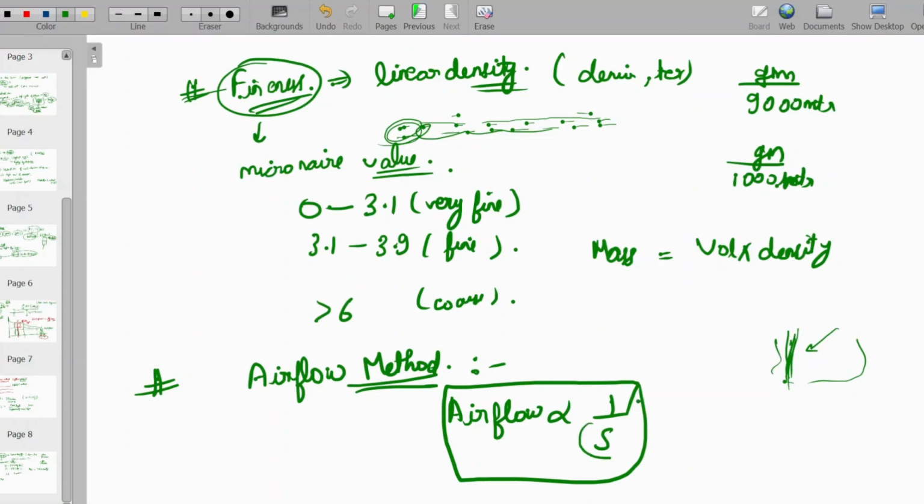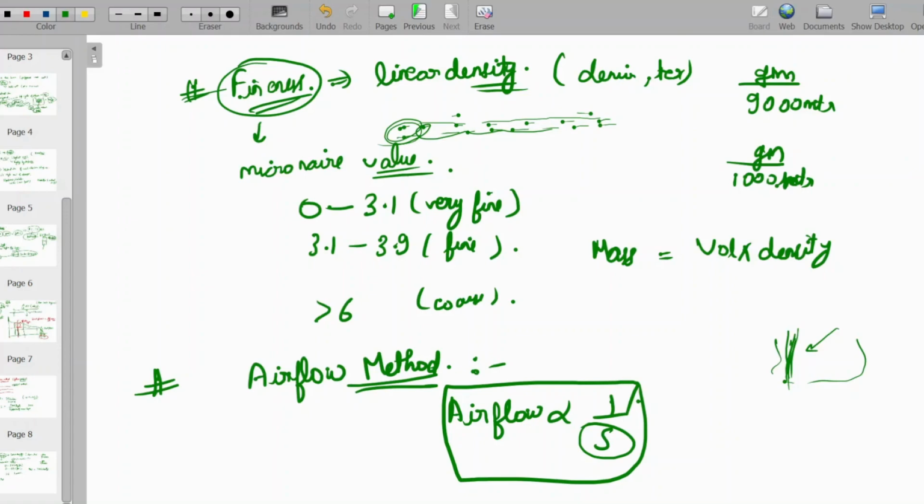If the specific surface area is high, the fabric is highly compact. Compact fabric means there is no spacing between the fibers, so the airflow would be low. There is no space for the air to flow; it is not highly porous, it is a very compact structure. So this is how it is defined.